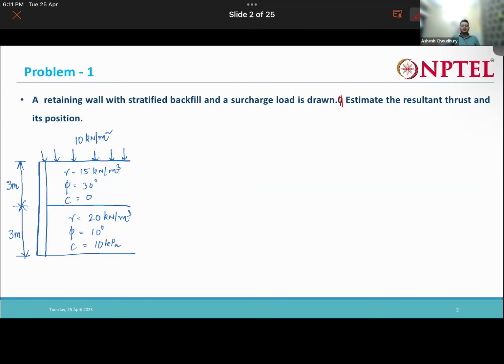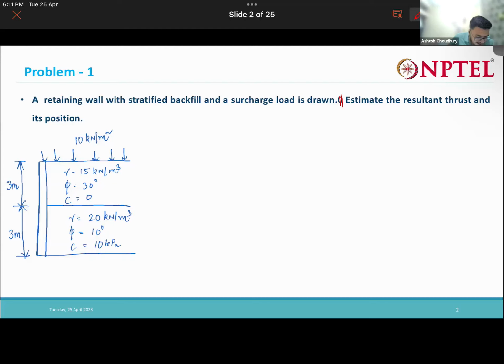So two soil layers are there. The upper layer is cohesionless soil, and the lower layer has some cohesion of 10 kPa.